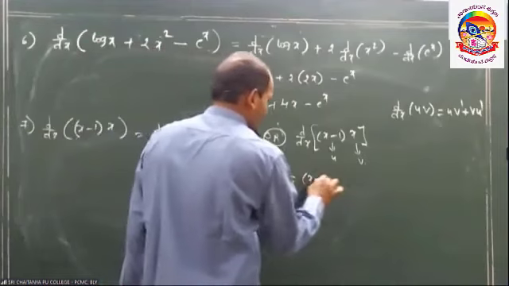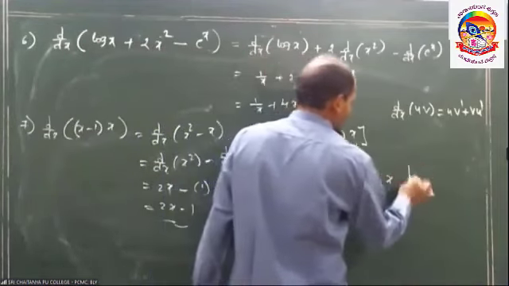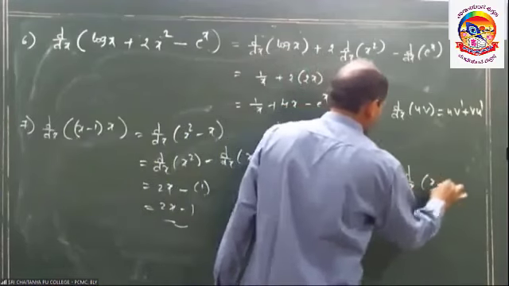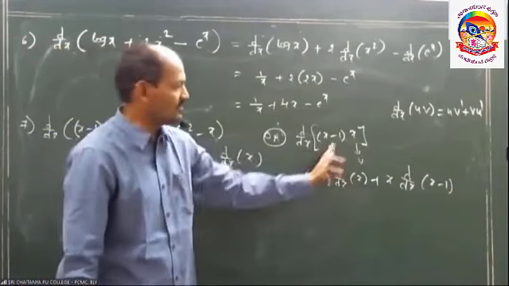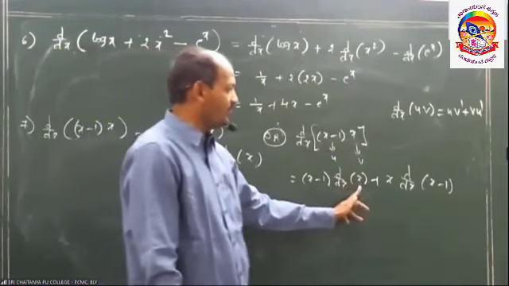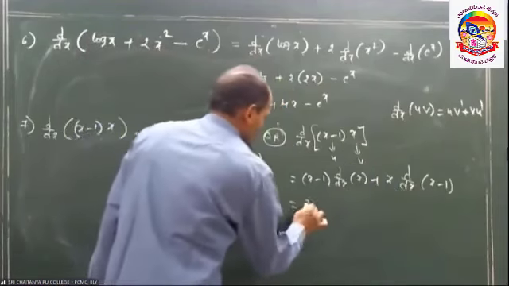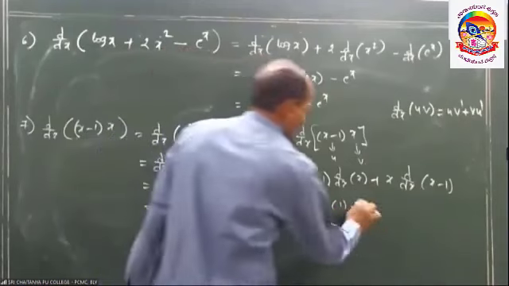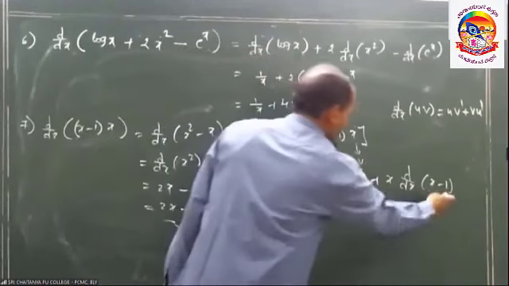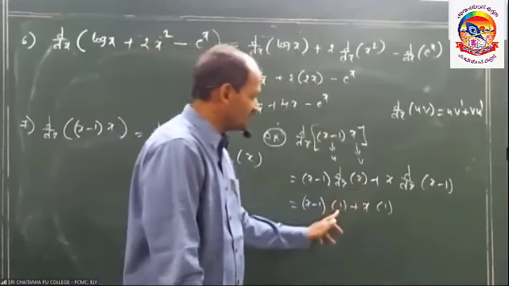So x minus 1 into the derivative of x, plus x into the derivative of x minus 1. The derivative of x is 1.